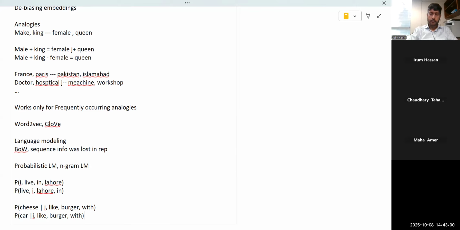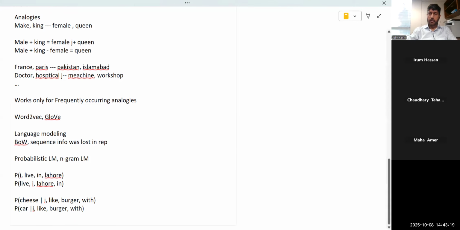Because it follows the rules of the language and it would naturally be used quite frequently in written text, while the second one, burger with car, is unlikely to be seen in text. Okay?